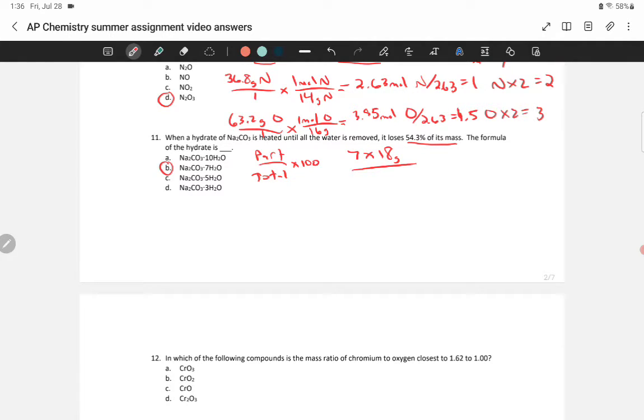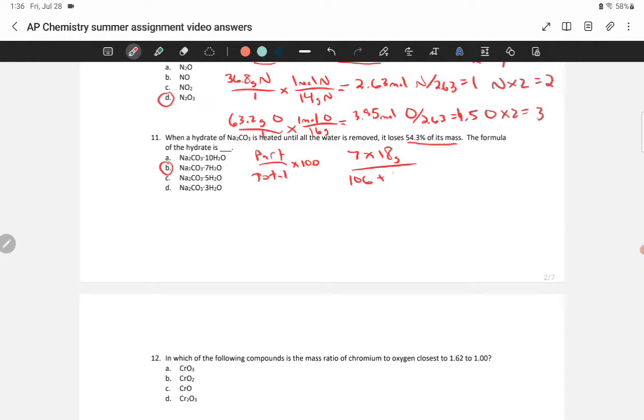So that's our part. And then our total would be 2 Na's, because there's Na2, 1 C, 3 O's, and the 7 waters. So the rest of the molecule, Na2CO3, weighs 106 grams per mole.